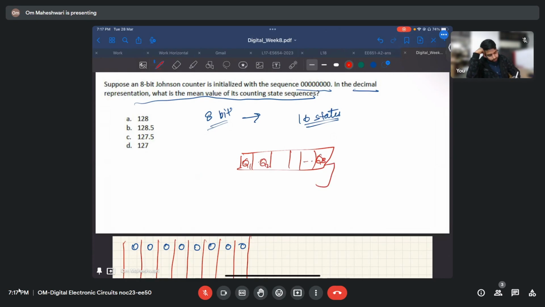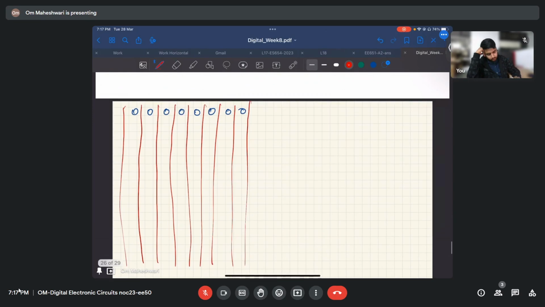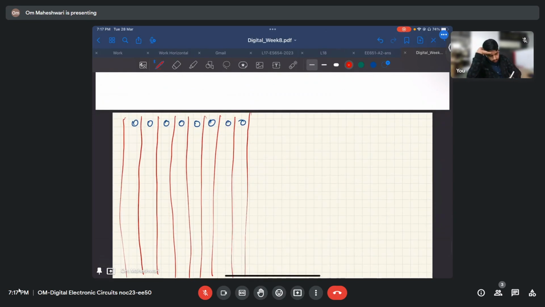Here, the Q8 bar output will go here as an input. Okay, so it is 0000. Yes, Q8 bar goes to Q1. So Q8 bar will go here. Q8 bar is 1. These will just shift, 00000. Right. This was 0. This is what? 128 in decimal.